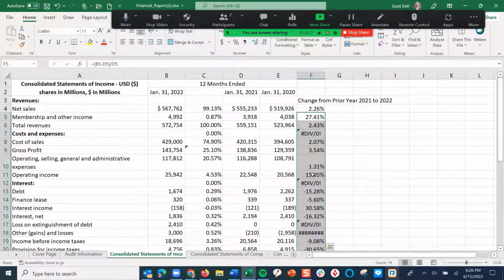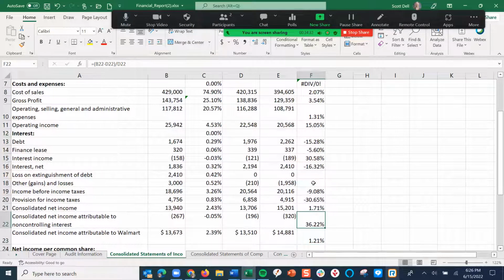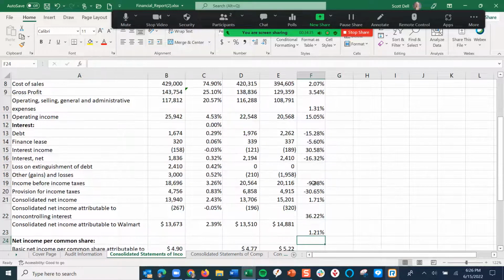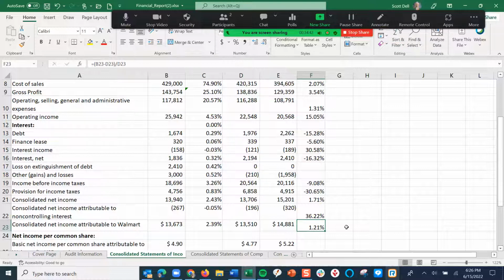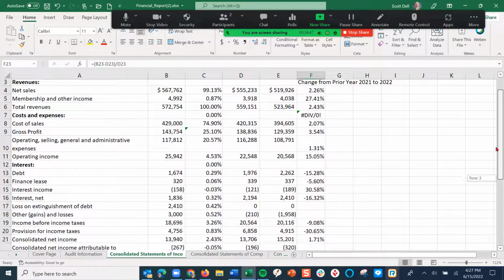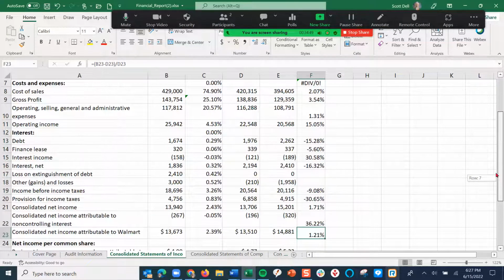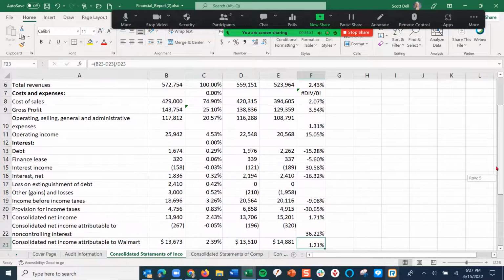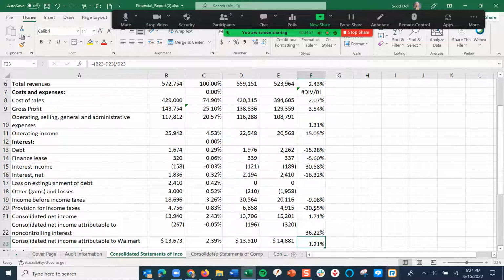Actually, it's dividing by 0, so I'll just clean it up a little bit. So my net income increased 1.2%. My sales went up 2.26%. So my sales grew faster than my net income did. My income taxes went down substantially.